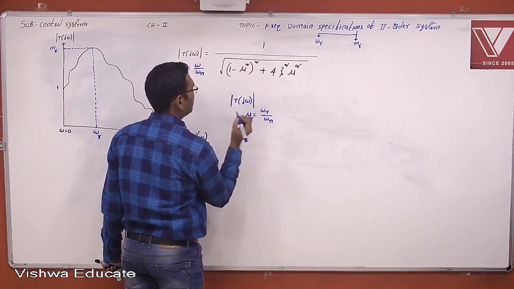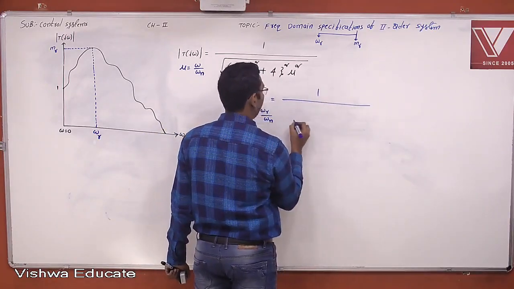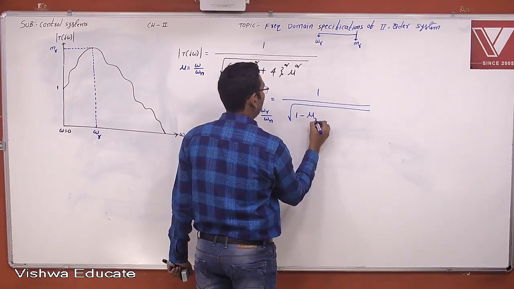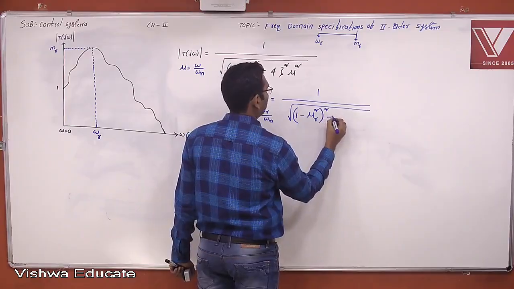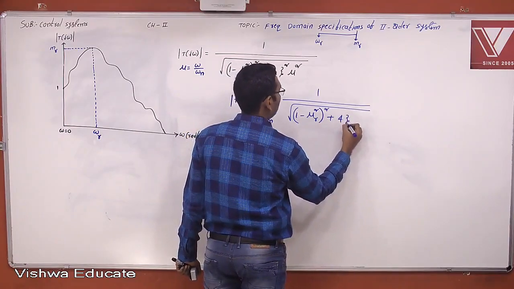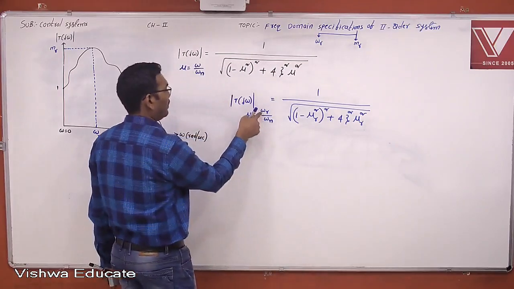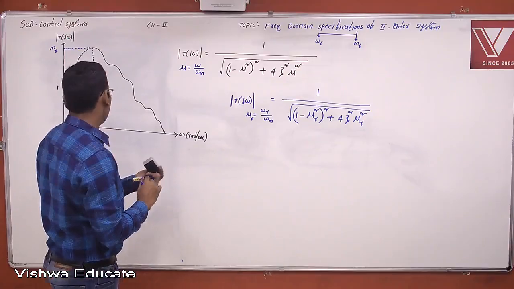This I can take as mu r, which is nothing but 1 divided by square root of 1 minus mu r square whole square plus 4 zeta square mu r square. Okay. Now where I replace omega, therefore this is mu r.